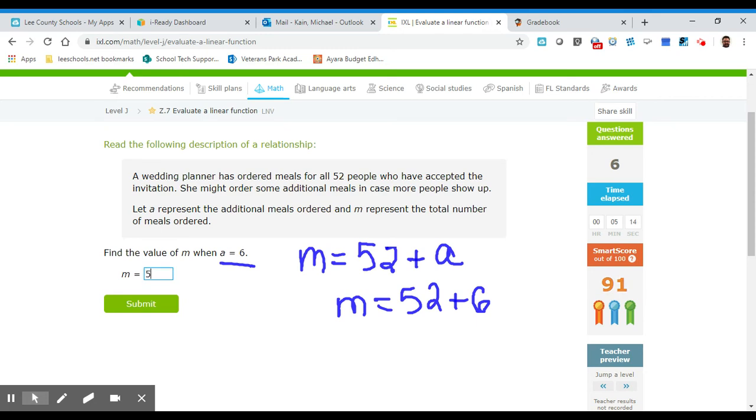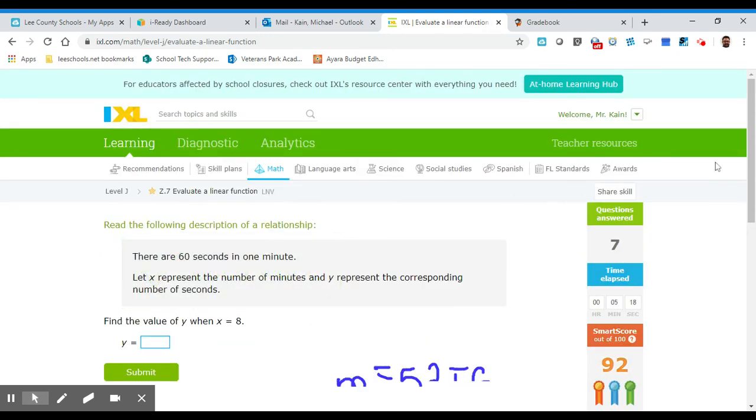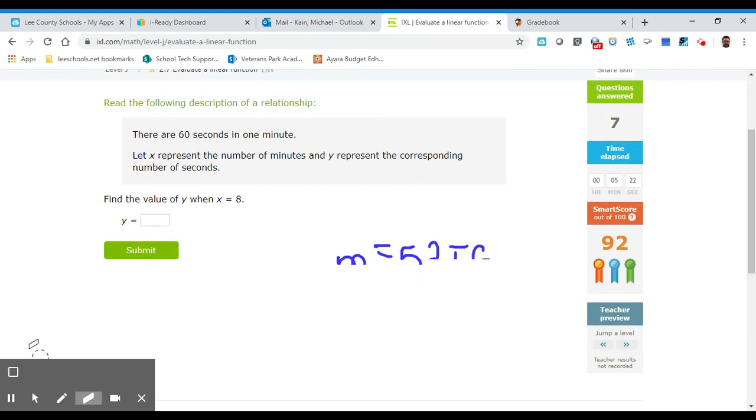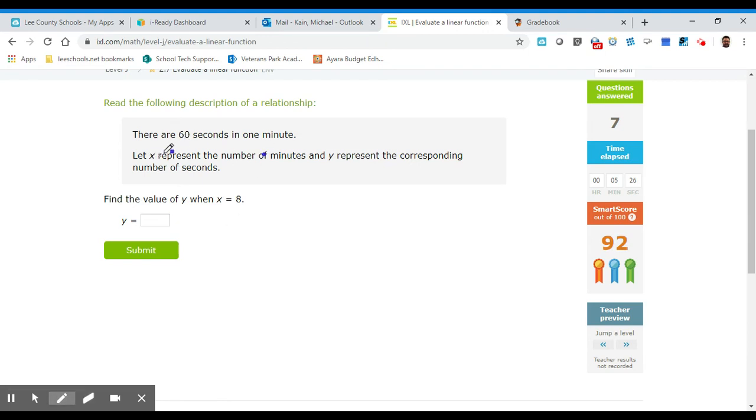Now, some of these questions you have to figure out, am I adding, subtracting, multiplying, or dividing? Got to look at the keywords to figure out what operation you're going to use. So it says, there are 60 seconds in 1 minute. Let x represent the number of minutes and y represent the corresponding number of seconds. So y is seconds. So how many seconds is it when x equals 8?